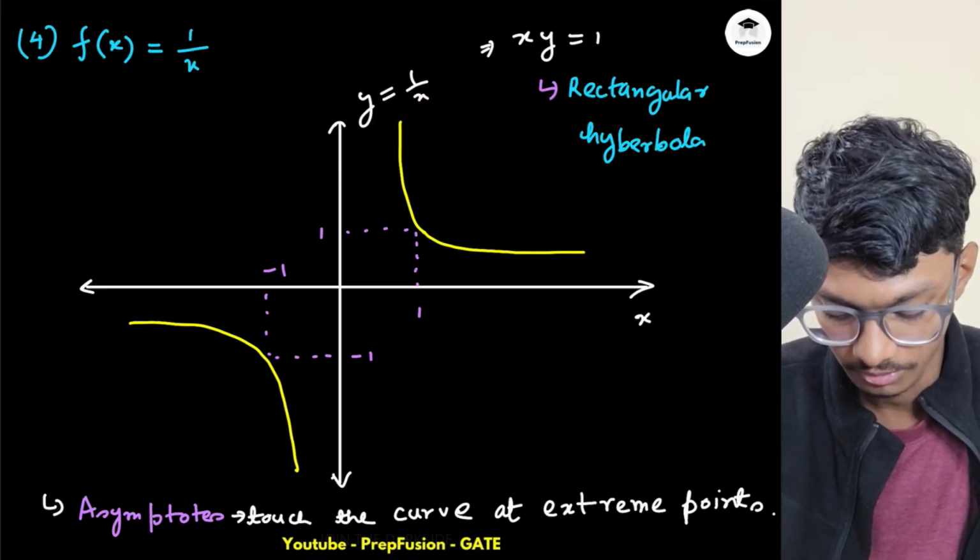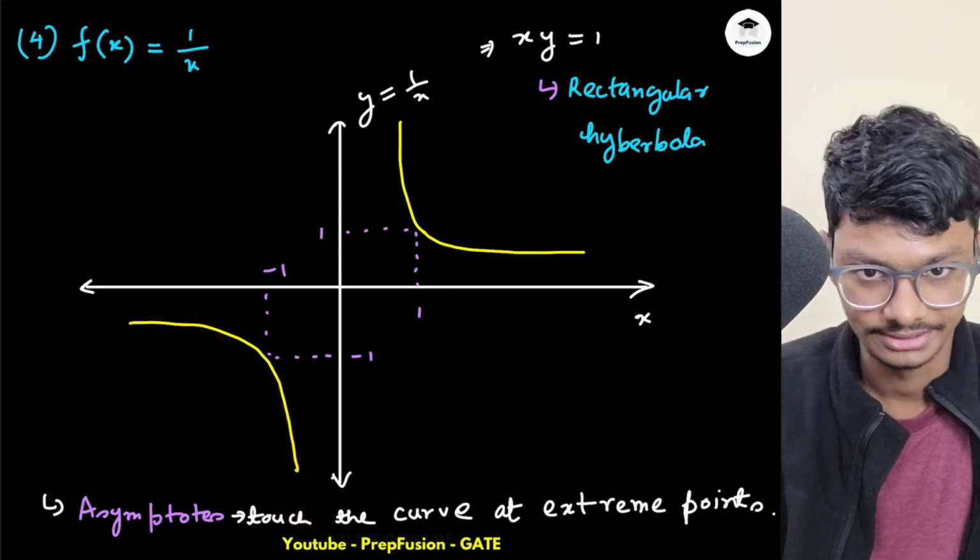So this is called a rectangular hyperbola. Now the shape is something like this.